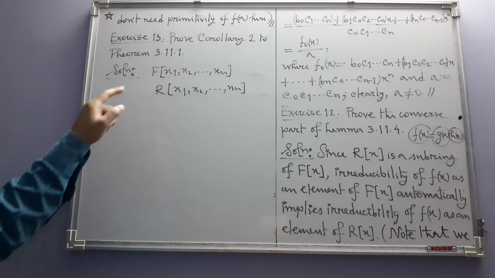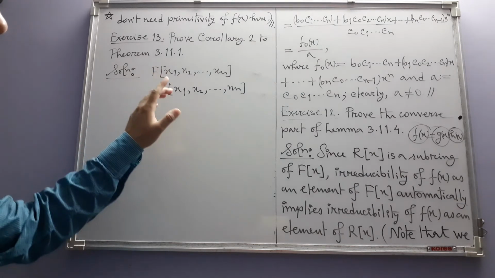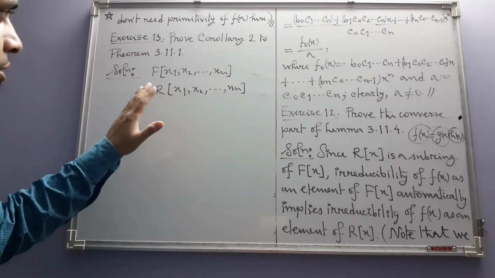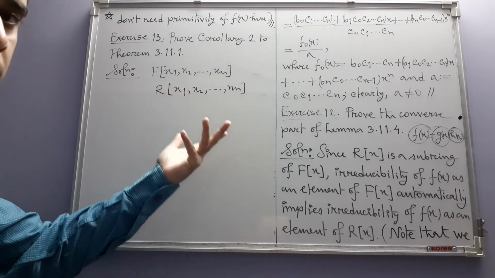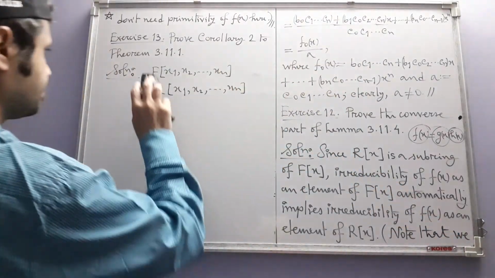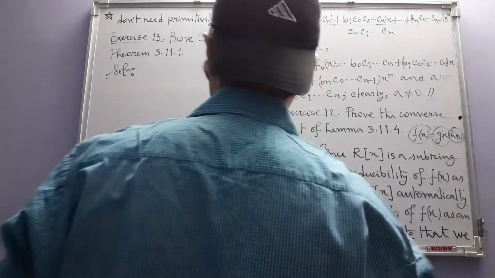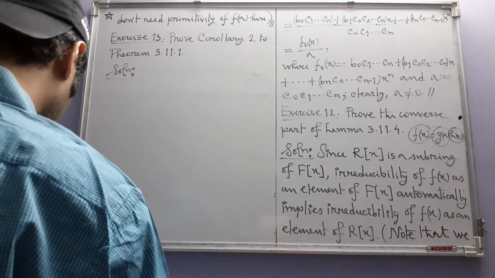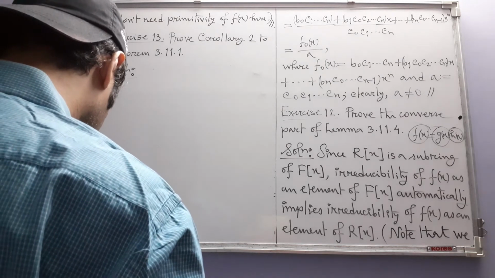So that means if we can show that our field is a unique factorization domain, then automatically by corollary 1 this will follow. So that's why we write the solution like this. In fact, I think that's what we have written here. All we need to prove is that F is a UFD.